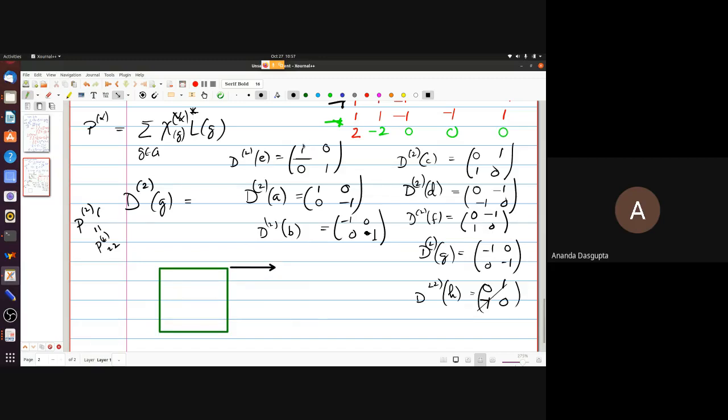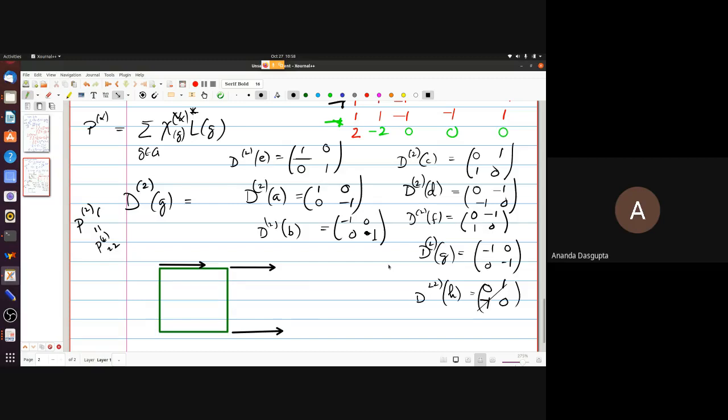So that's D2E 1,1 times LE acting on the vector. But then you need to do D2A 1,1 times LA. LA, of course, gives you this vector, and D2A 1,1 times LA also gives you this vector. What about B? B would have given you this vector, but you have to weight it with the -1, so you are going to get this vector.